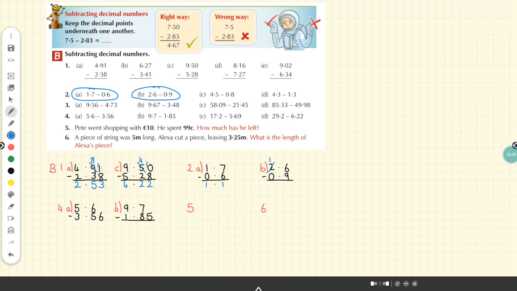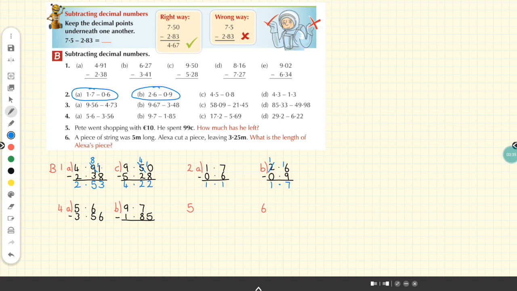And we rename that 1 unit as 10 tenths. So now we have 16 tenths take away 9. So 16 take away 9 equals 7. Our decimal points always go underneath each other when we're doing an addition or subtraction sum. And 1 take away 0 equals 1. So 2.6 take away 0.9 equals 1.7.